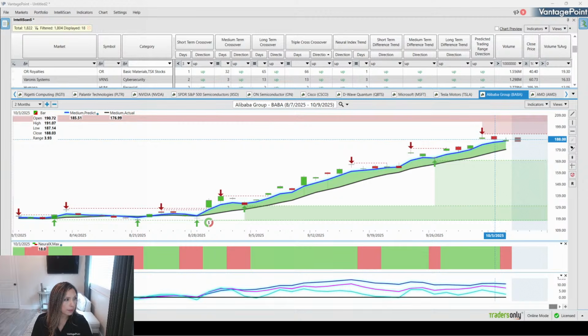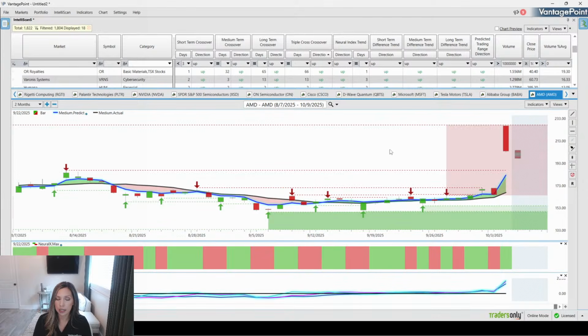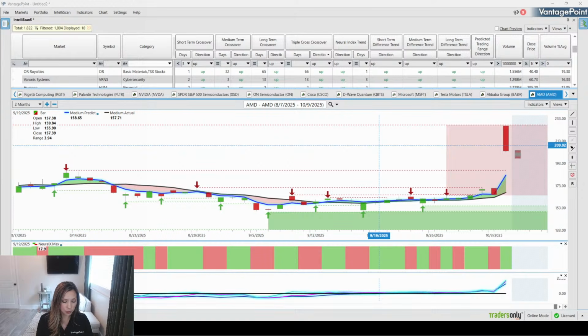So if we take a look at our next opportunity here that was requested, we have AMD. Okay, so who had AMD? Who put AMD in here? And what questions did you have? And yes, you can scan for bearish opportunities as well.